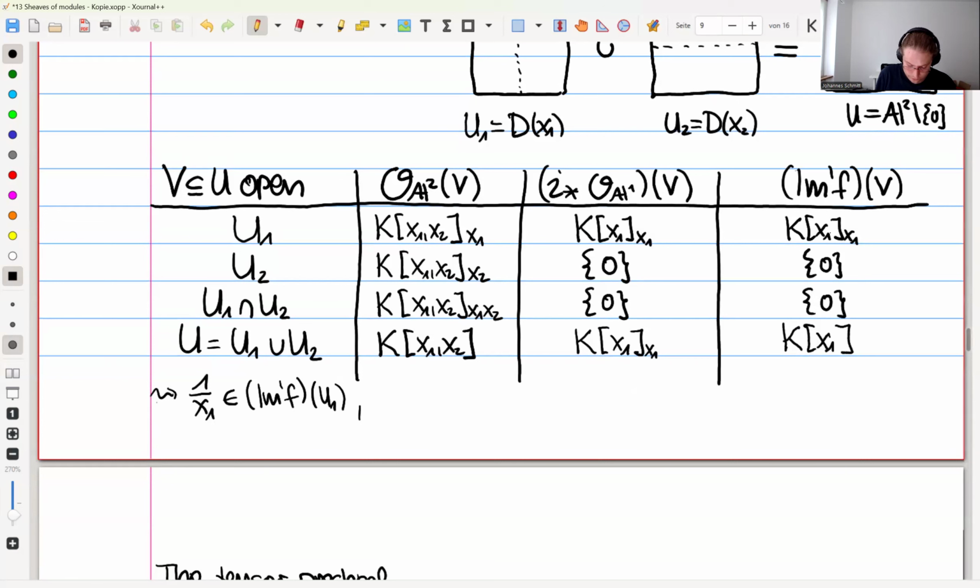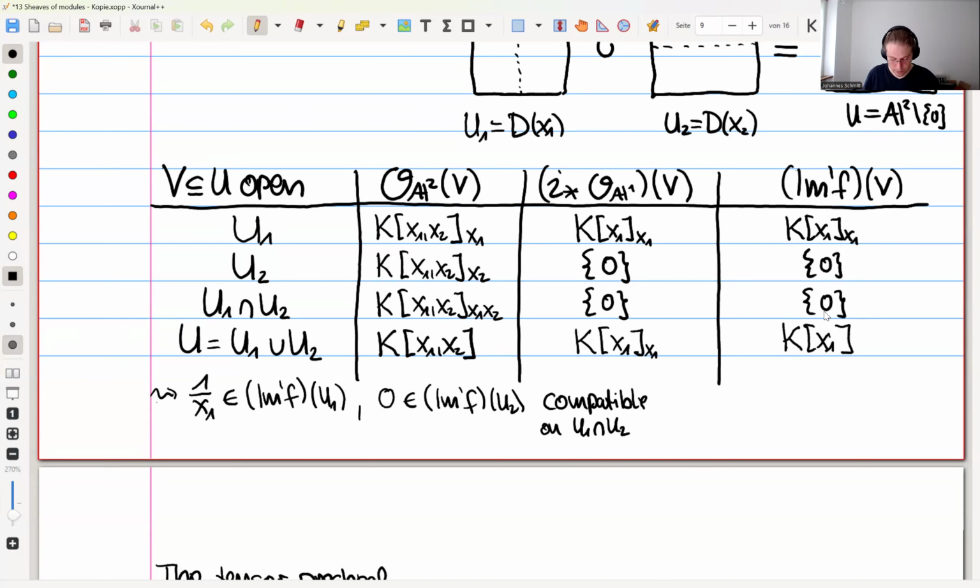And then the other section, where we don't have much choice, we just take 0 in im prime f of U2. They are compatible on U1 intersected U2 because both of these spaces by restriction map to the 0 space, and of course the two elements must map to the same 0 element.